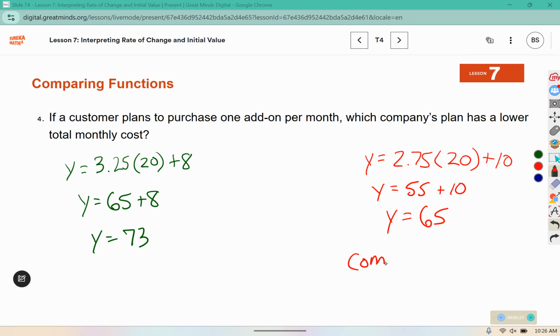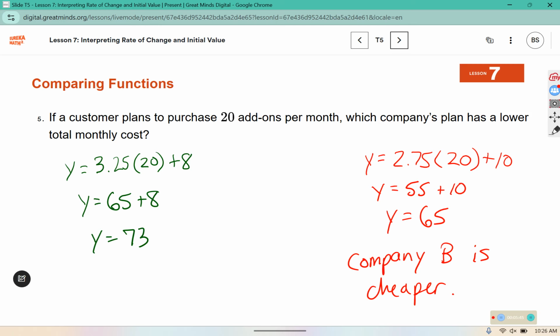So in this scenario, if you're going to buy a bunch of add-ons, Company B is cheaper. So it should be that one. Question 5.